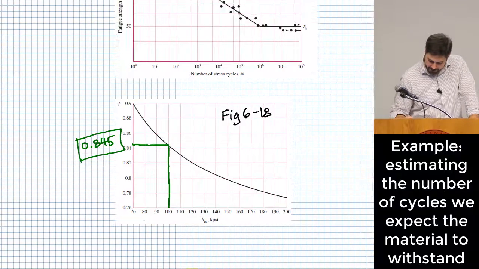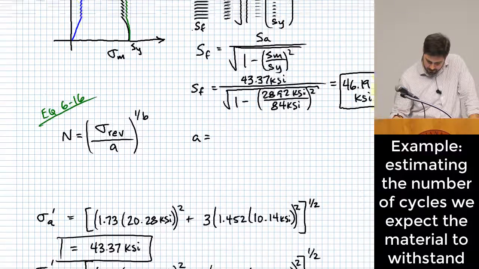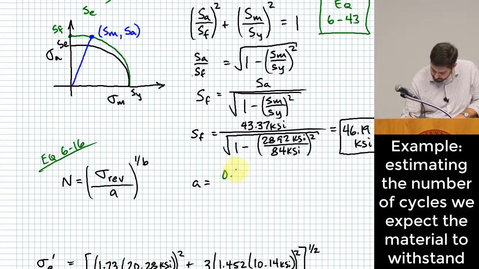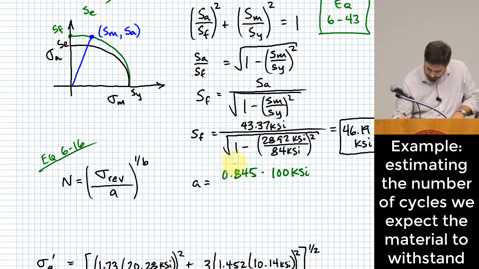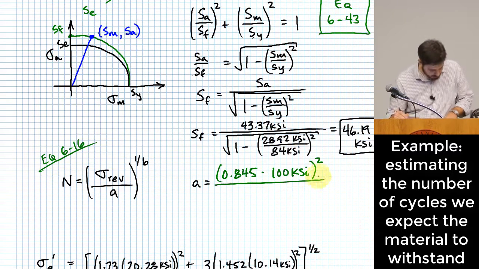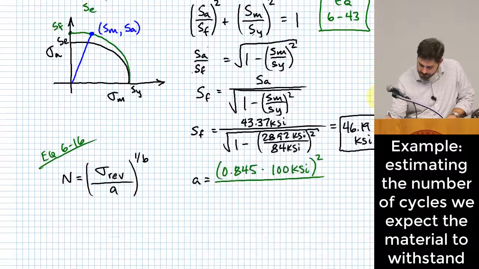So 0.845, and we can use that way up here to find A. A is 0.845 times S sub UT, which is 100 KSI, all of this squared, over S sub E, our fully corrected endurance limit, which I had up here, 38.66 KSI.